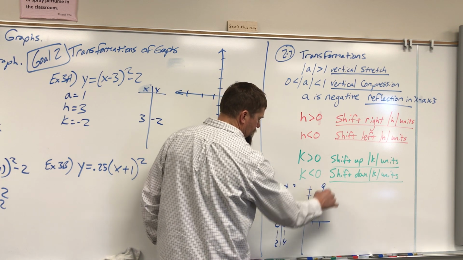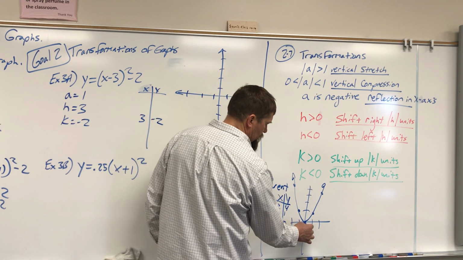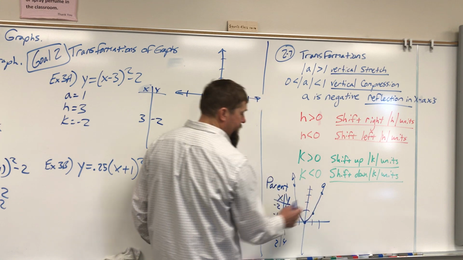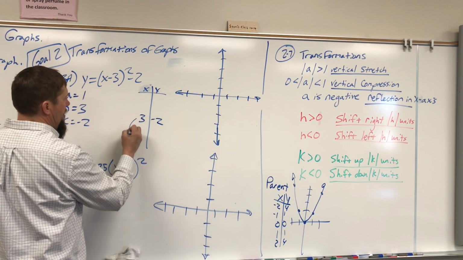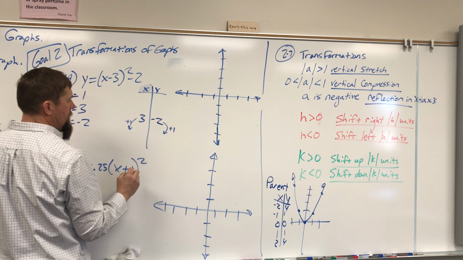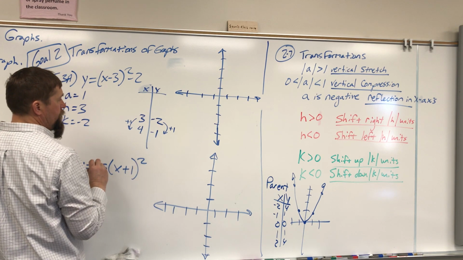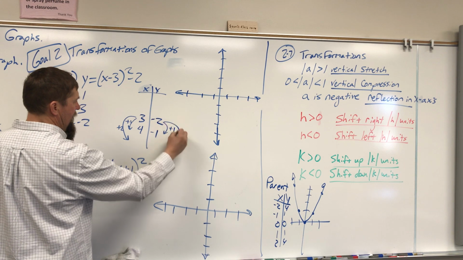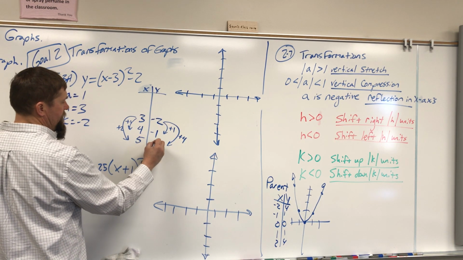On a normal graph, when a is 1, we always went over 1, up 1, over 2, up 4. So in this case, if I add 1, I add 1 here, so (4, -1). If I add 2, I add 4 here, so that's (5, 2).